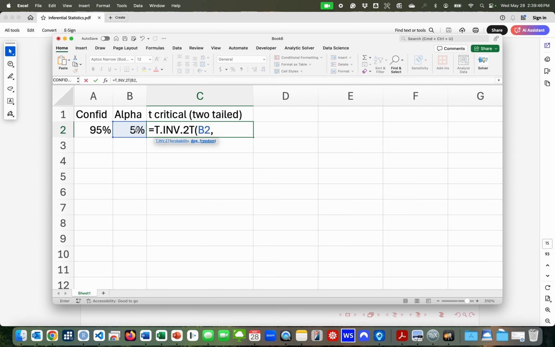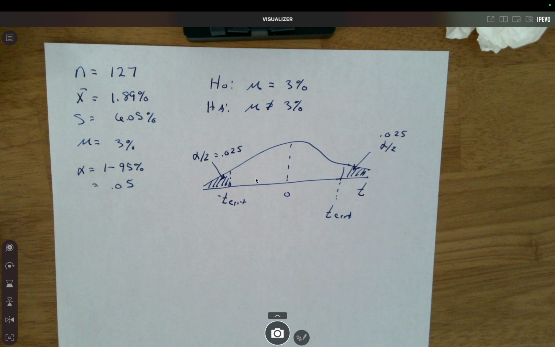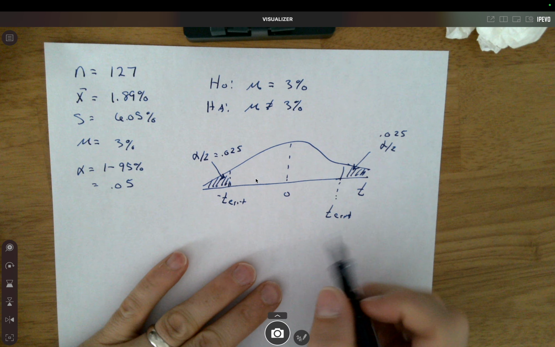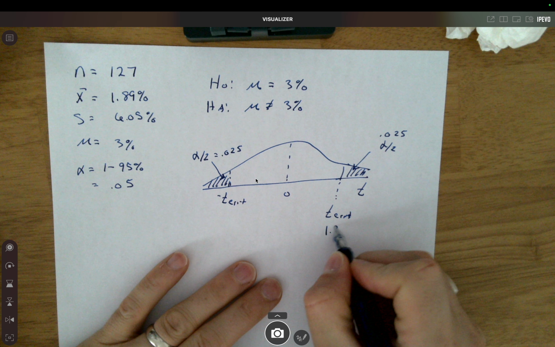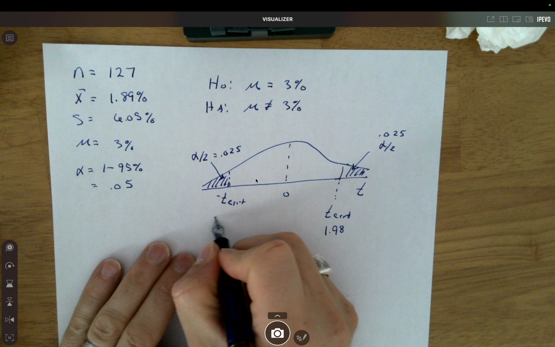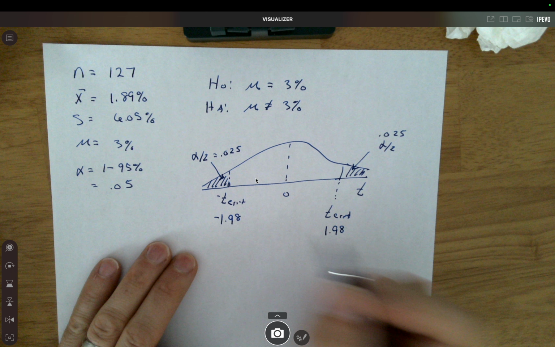Since we had 127 observations, our degrees of freedom is going to be 126. So we're going to round that to 1.98. The reason that number is important is that it identifies the rejection region. So this is 1.98 and this is negative 1.98.